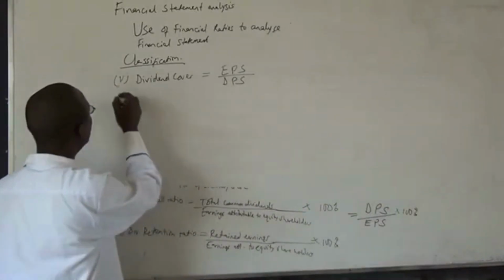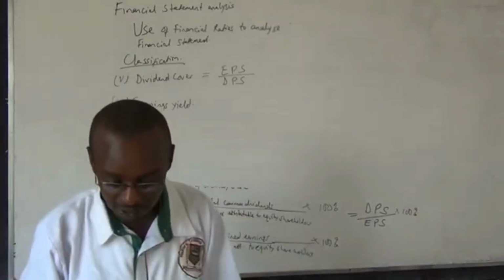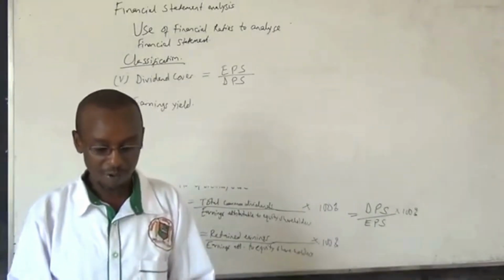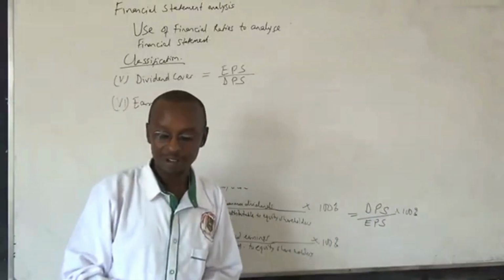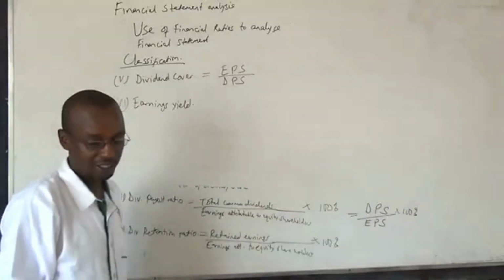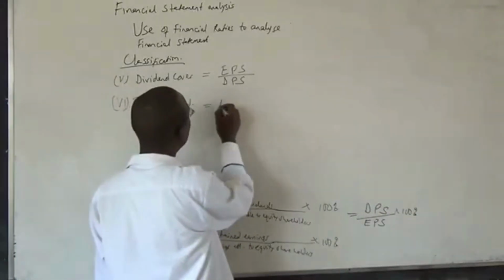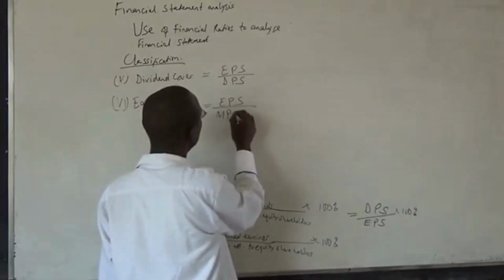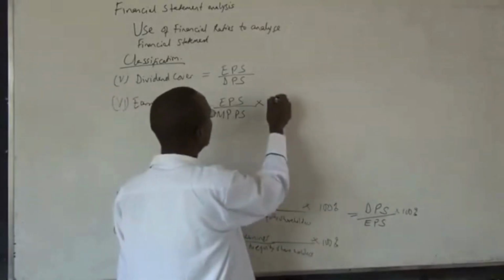Then you have earnings yield. Earnings yield measures the potential return that shareholders expect to earn for every share invested in a company. In short, it evaluates the shareholders' return in relation to the market value of a share. So earnings yield is equal to earnings per share over market price per share multiplied by 100%.